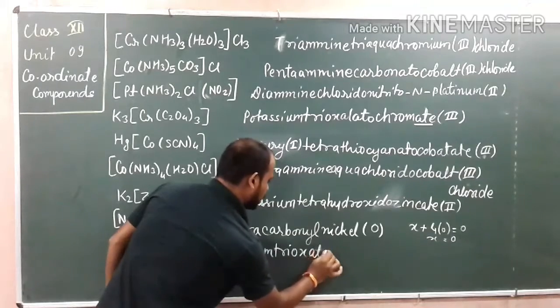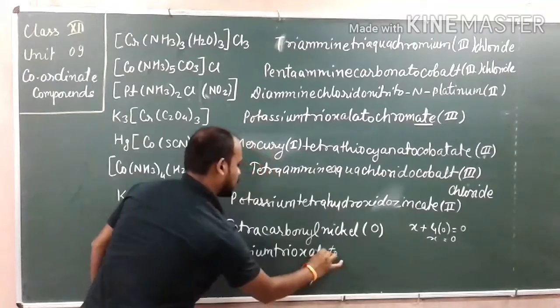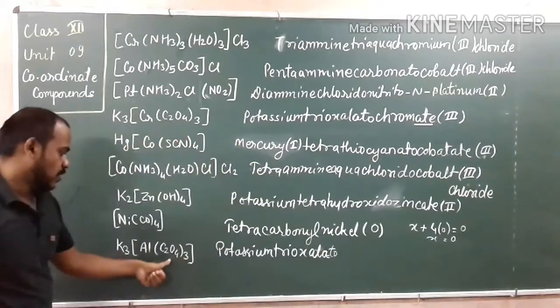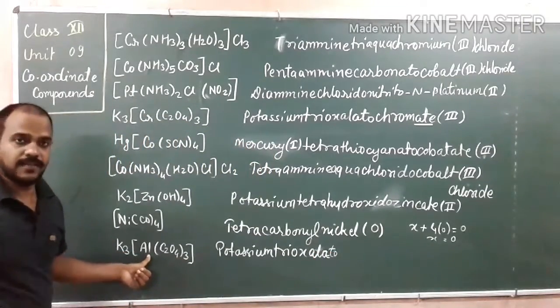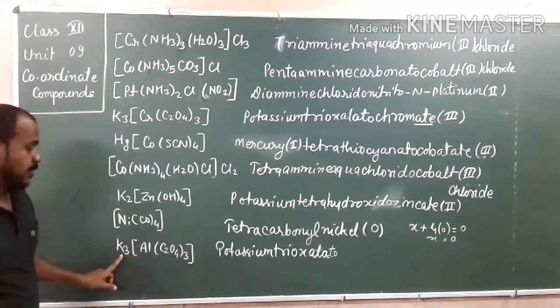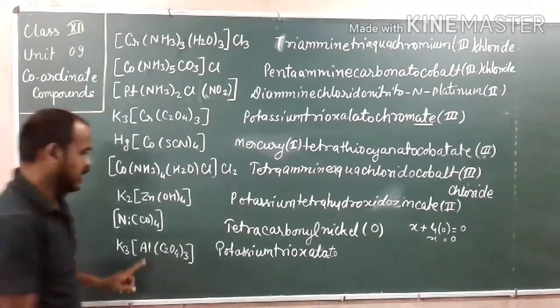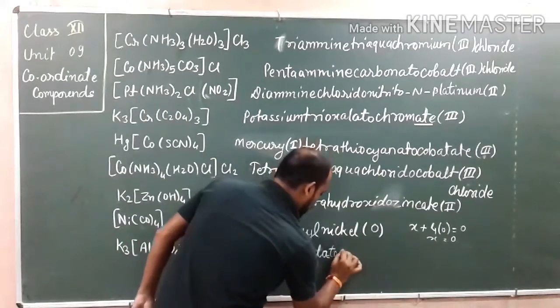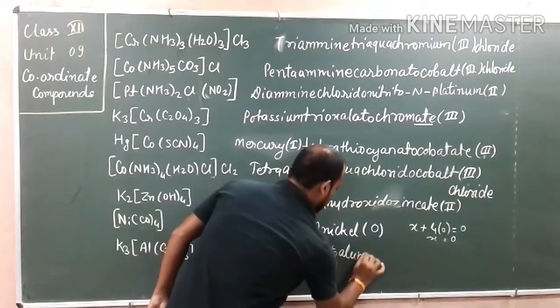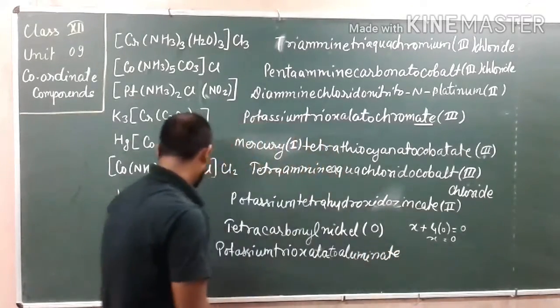So trioxalato. And now the name of the metal. Since it is aluminium, but before the square bracket there is potassium, its name will change. From aluminium it will become aluminate.